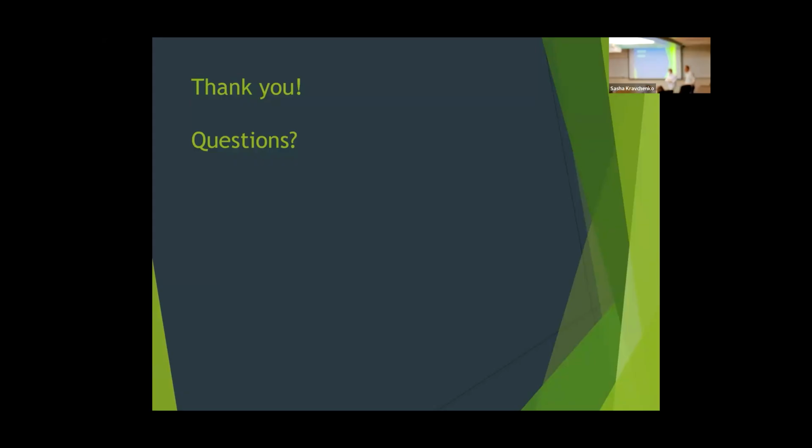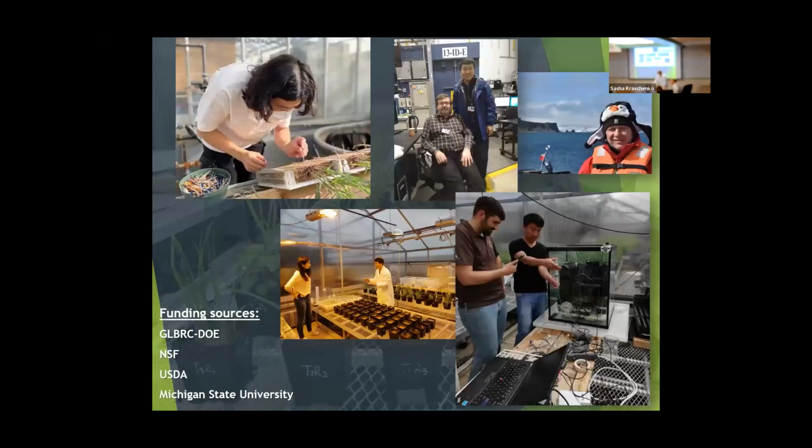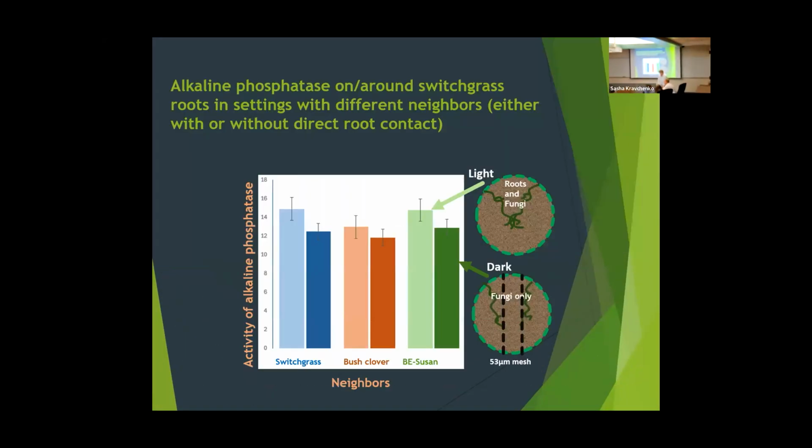Can you go to that last slide, the one with that one? So the separation was like separating roots and fungi in one case and in the other case, no?